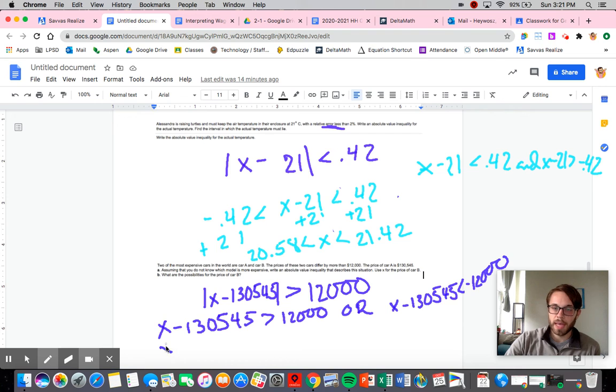So we'll add the 130,545 to both sides on both of these. And we will ultimately get that this is 142,545. So what we're saying on this side is that the price of car B could be greater than 142,545, which I don't know anything about cars, but that's very expensive.